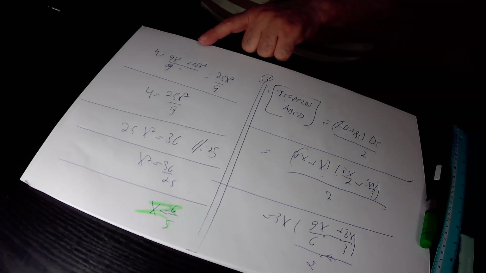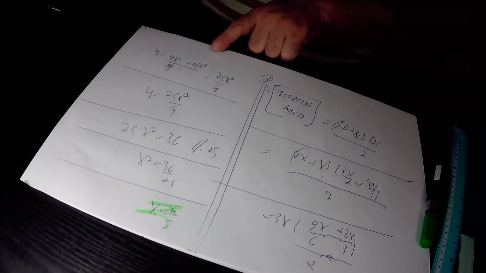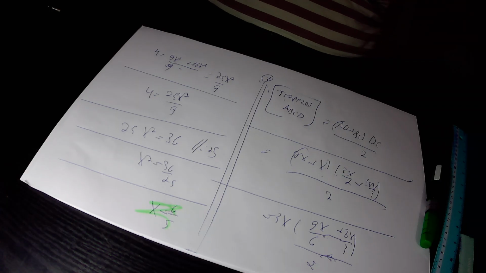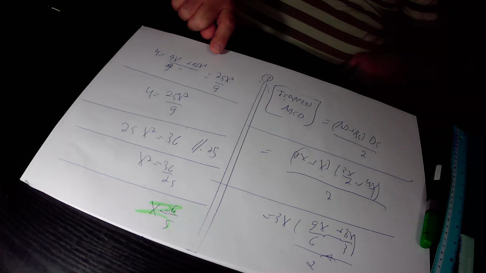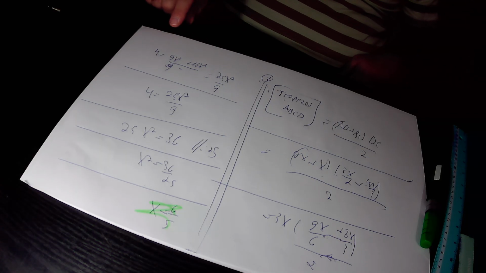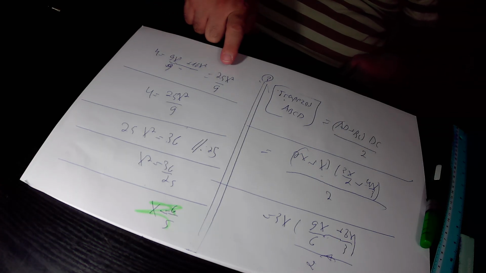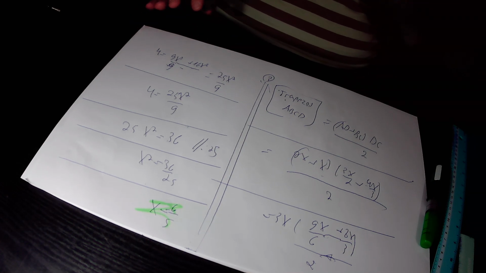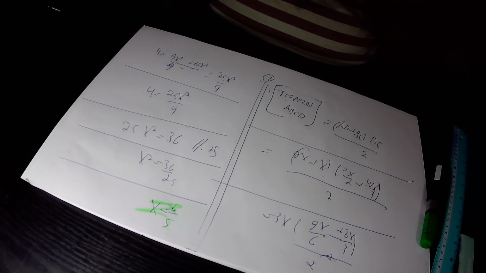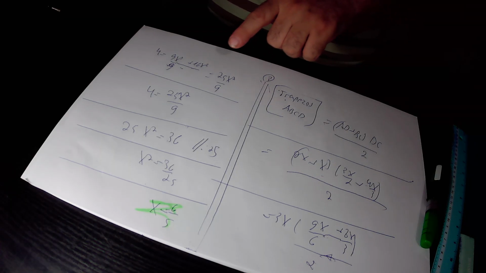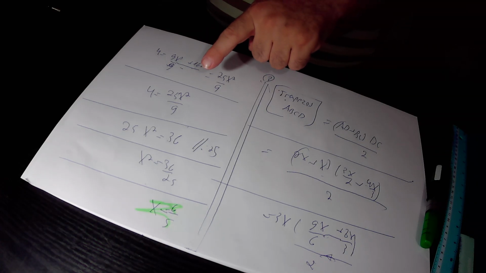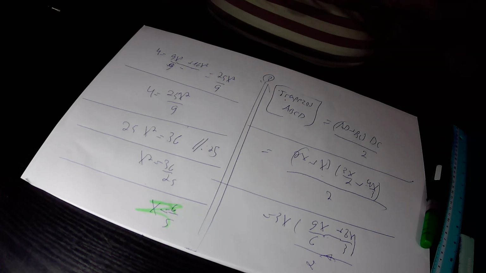So 4 equals 9x squared over 9 plus 16x squared over 9. 9x squared plus 16x squared is 25x squared, and in the denominator we have 9. So 4 equals 25x squared over 9.